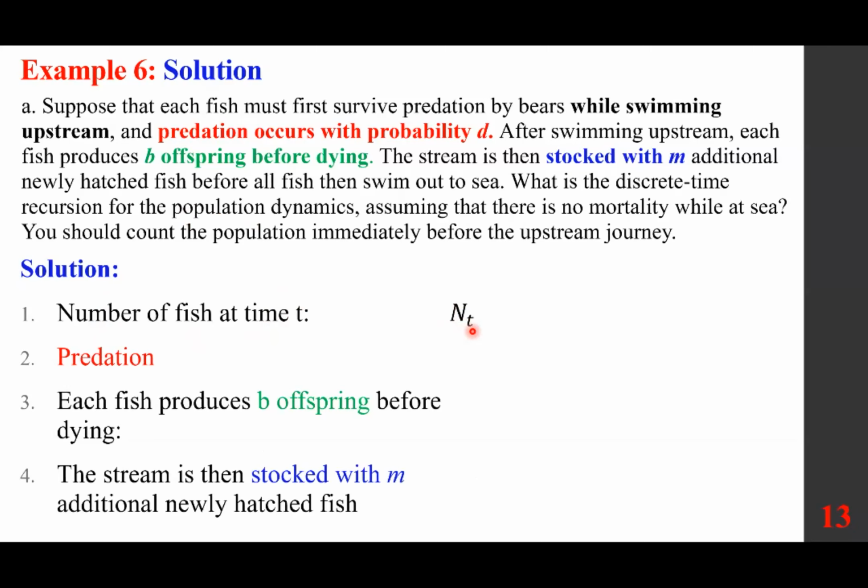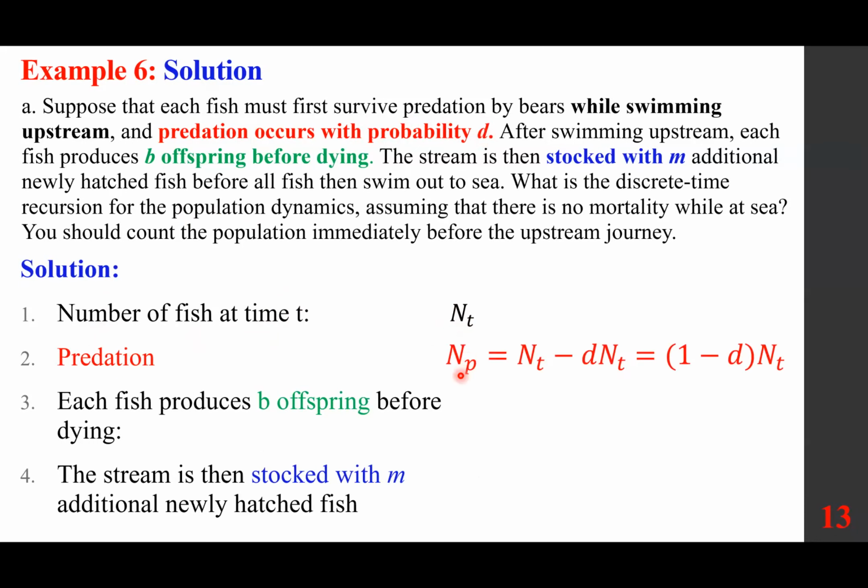When the predation happens, the probability is D. That means, for example, let's say 10%, that 10% are preyed upon and they're gone, and 90% is left. So after the predation, what is left? 1 minus D times n sub t.